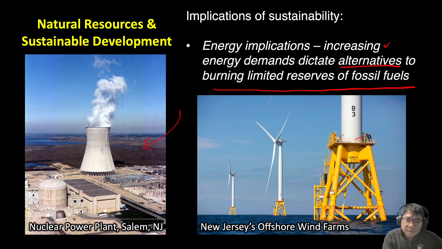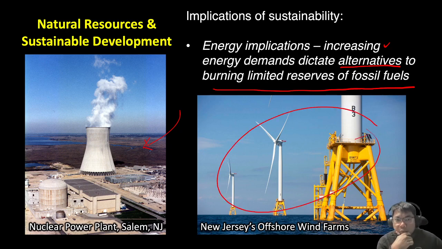And this is New Jersey's offshore wind farms. This is a big thing. If you follow the recent news, this is definitely one of the biggest projects that New Jersey is currently pursuing, to build offshore wind farms off the coast of New Jersey.